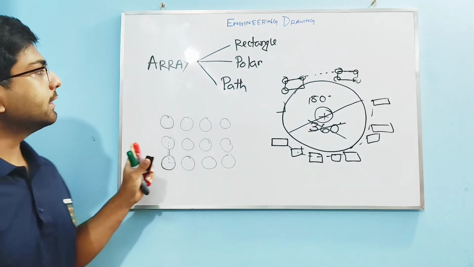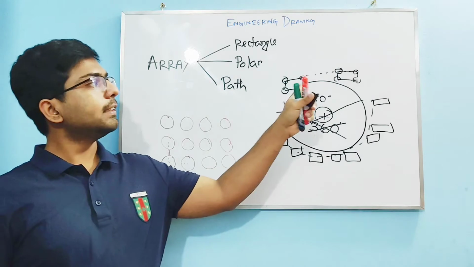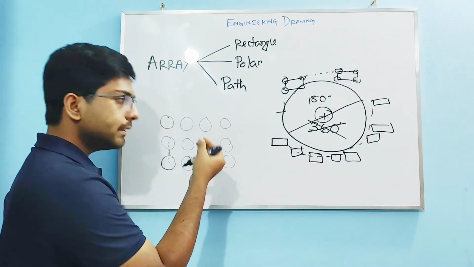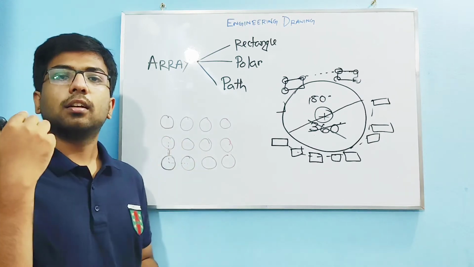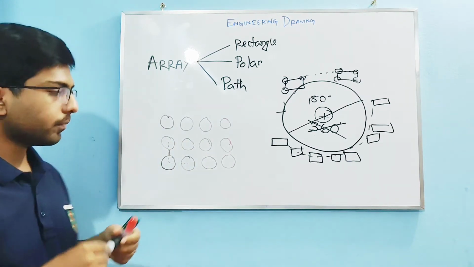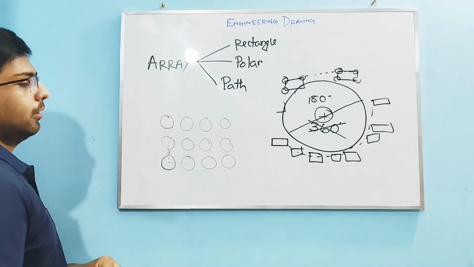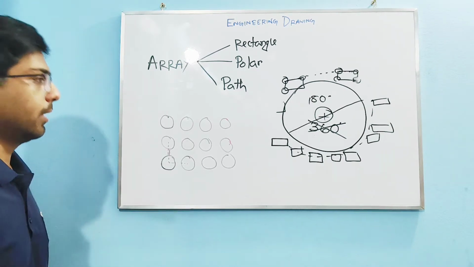So in this array, the distance is calculated like this: the distance between the very same points of two objects. Okay. So this is our polar option of our array command.